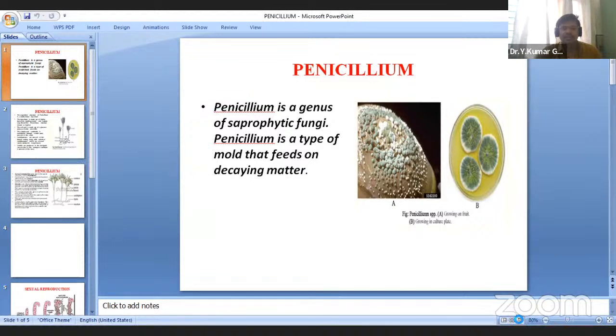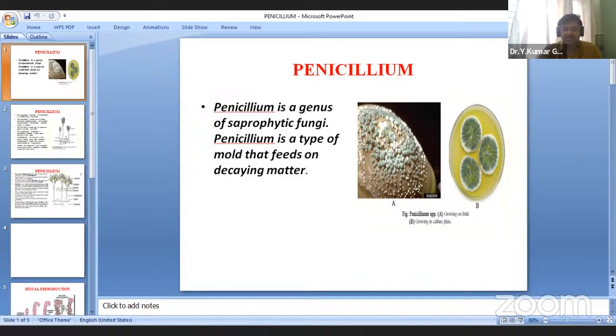Right. So Penicillium is a saprophytic fungus. What is saprophytic? Saprophytic means they can obtain nutrition from dead and decaying particles. That is why they are called saprophytic.